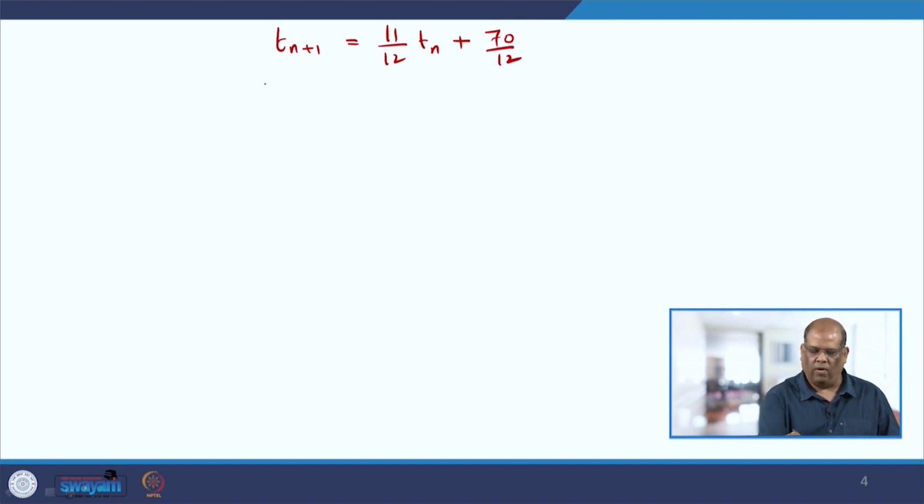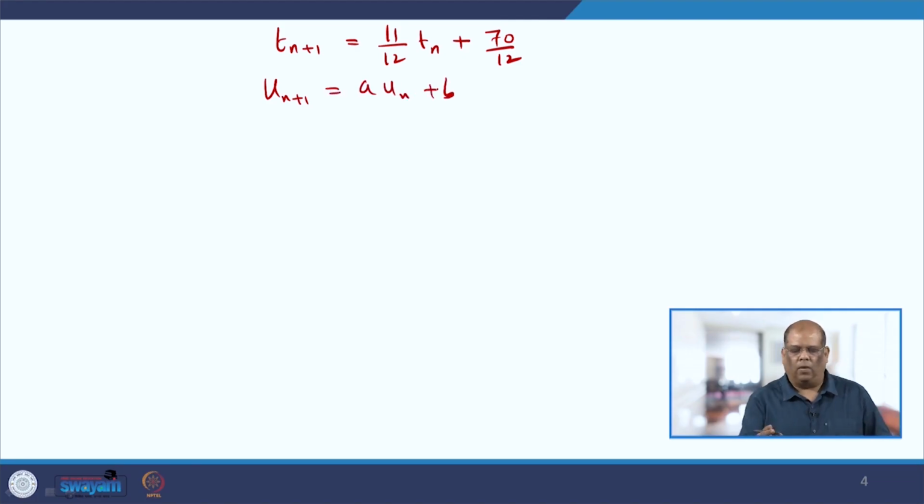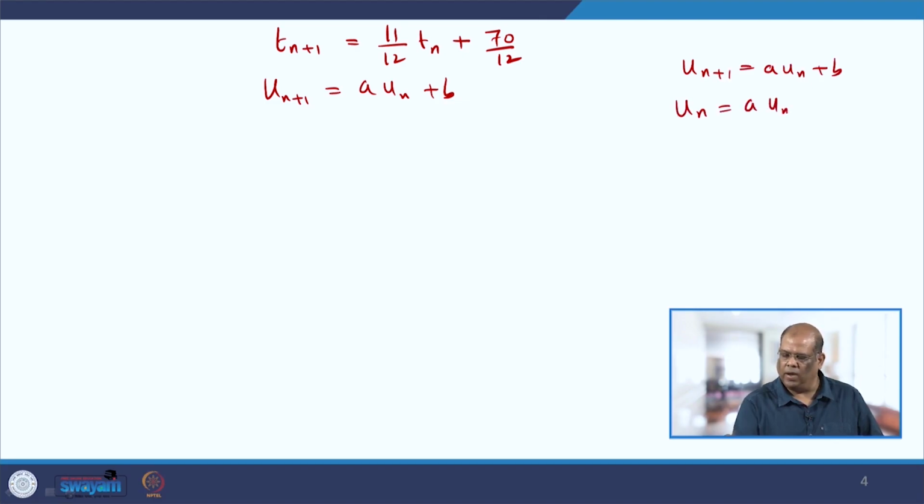It has the form un plus 1 equal to a un plus b. You can either recall the solution, but it is quite easy to derive. So, if I write un plus 1 equal to a un plus b, then un is a times un minus 1 plus b, un minus 1 is a times un minus 2 plus b, and so on.